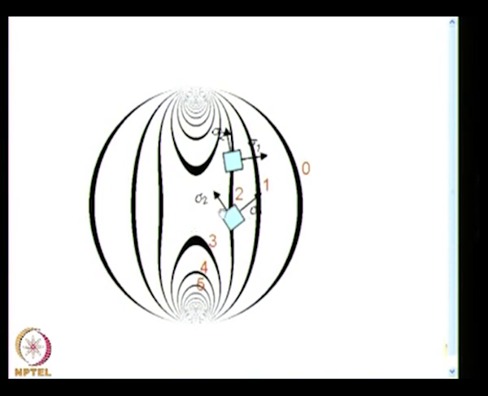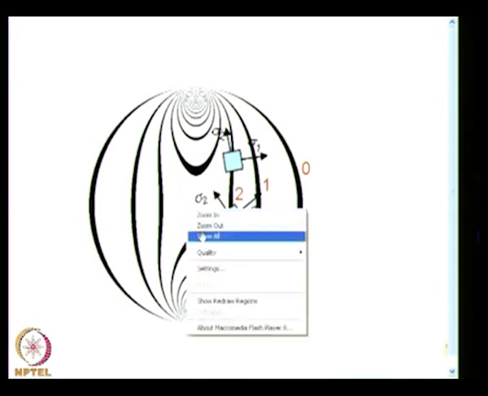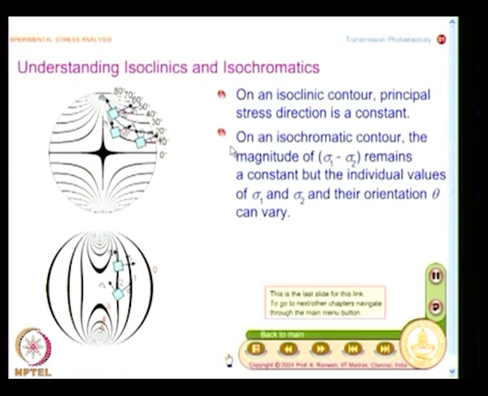And this you can actually put on one of your earlier contours, you do not have to redraw this. You have one of the isochromatics, and on that you can put this information. So, what you find here is that on an isoclinic contour, principal stress direction is a constant.